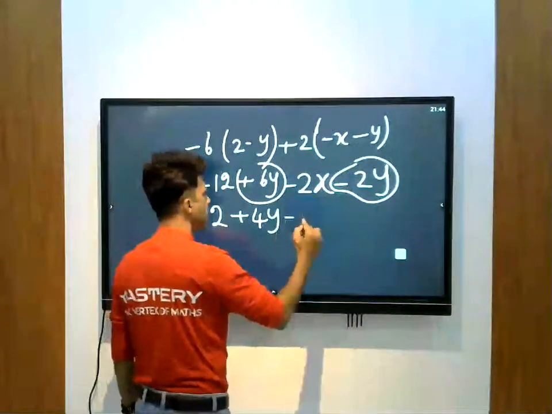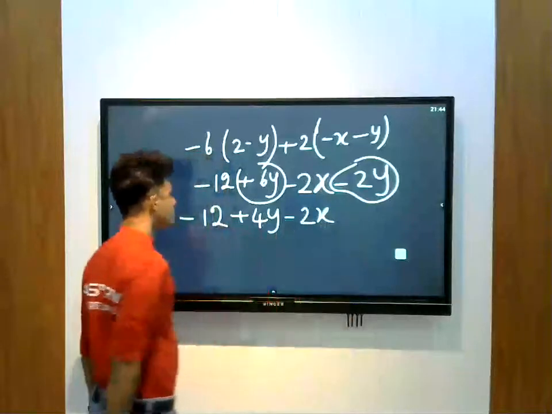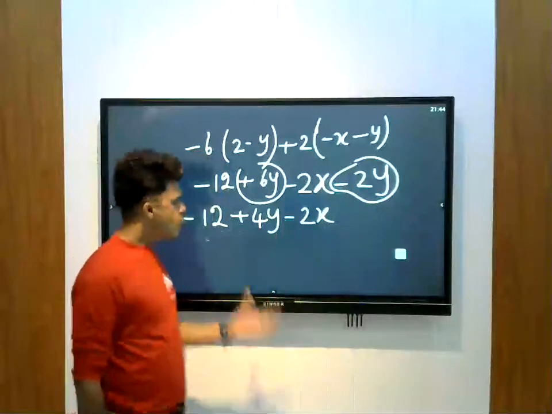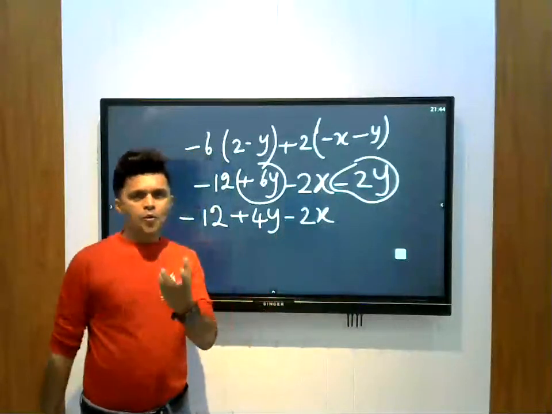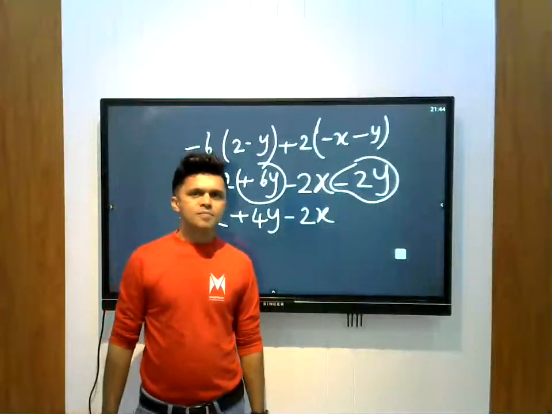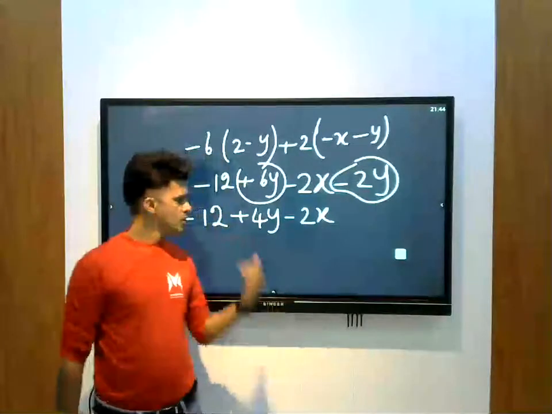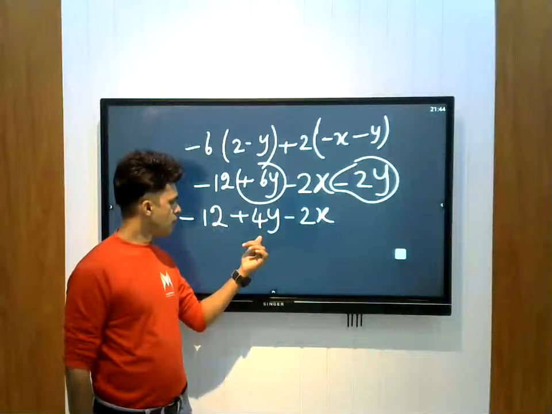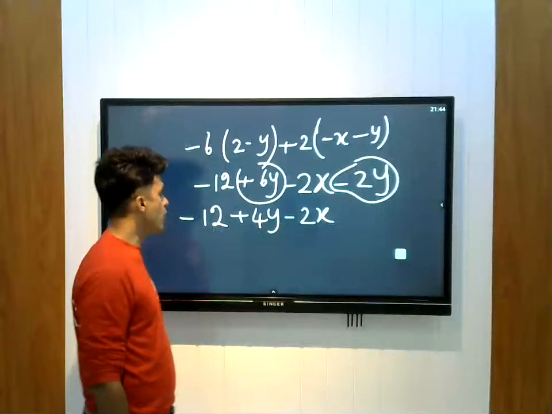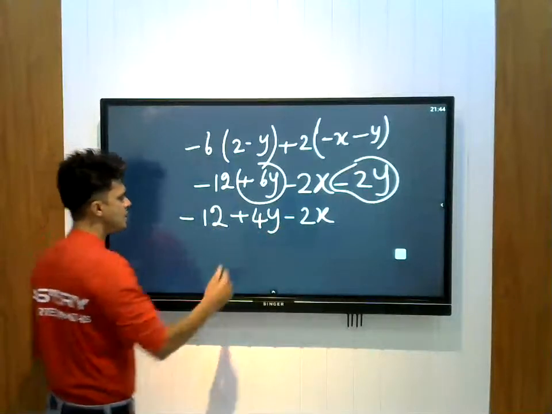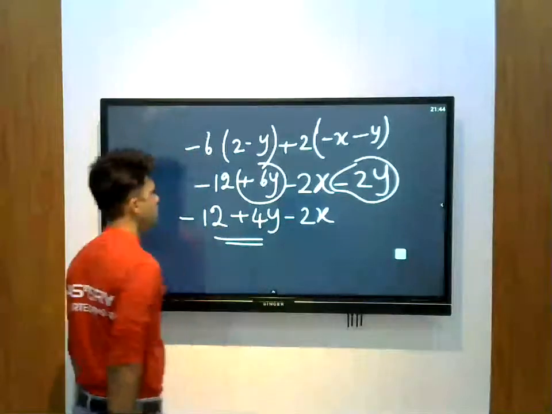Minus 12 plus 4y minus 2x. You cannot simplify these terms more, the reason being these are unlike terms, and they cannot be added.